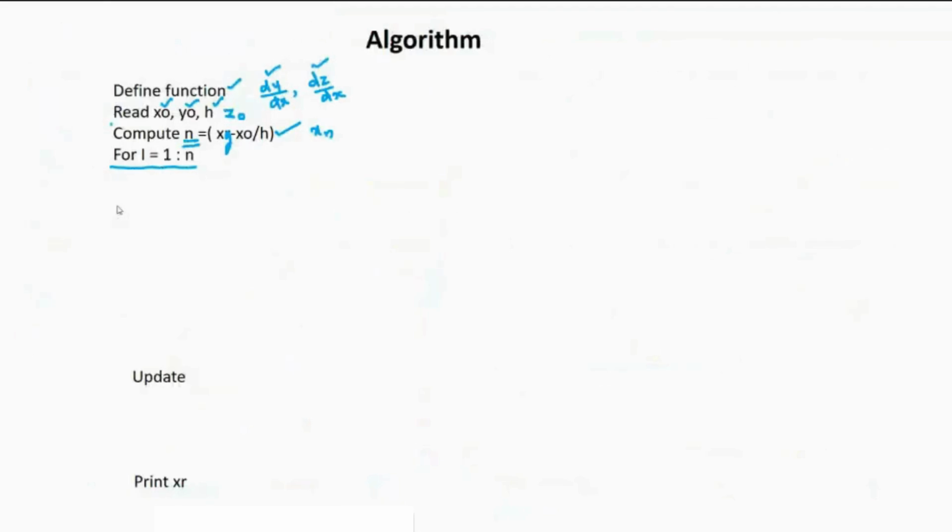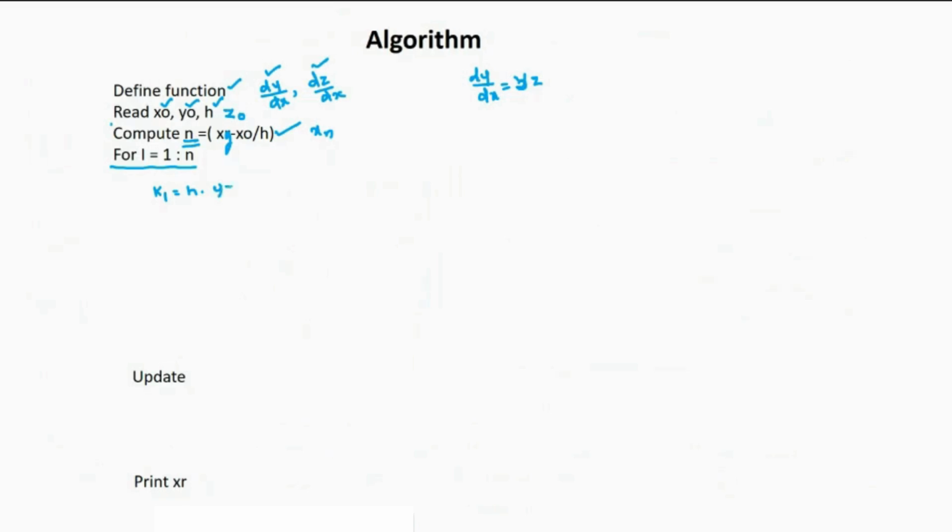So first of all, we have to compute the value of k1. K1 is equal to h into the function, whatever value is given. For example, dy by dx is equal to yz, it is given in the previous example.